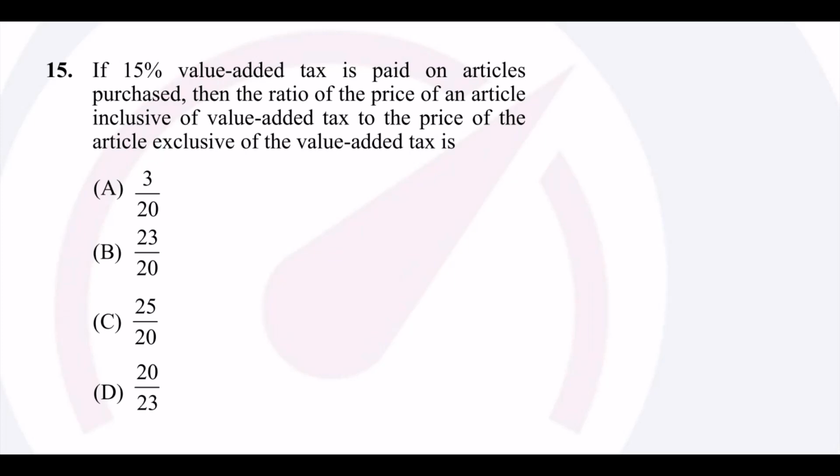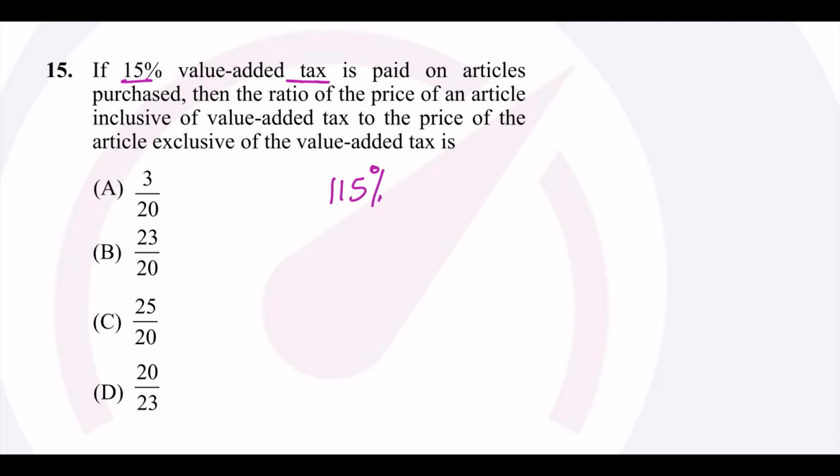So first we can establish 15%, and since that's value added tax, that's a percentage increase. When you do percentage increase, that means we're going to add 15% to the whole of 100%. So we get 115%, right? And then it says the ratio of the price of an article inclusive of value added tax to the price.